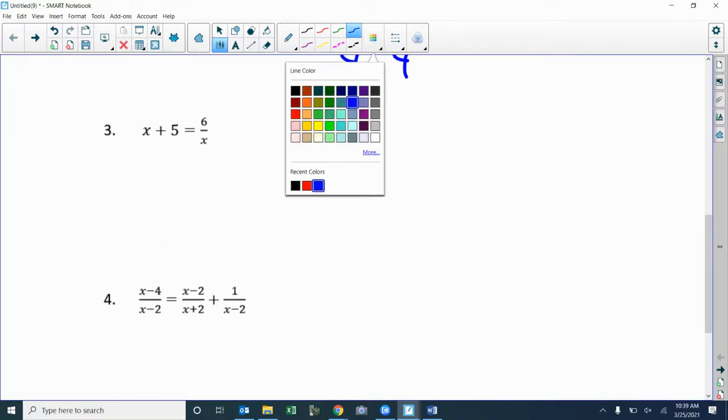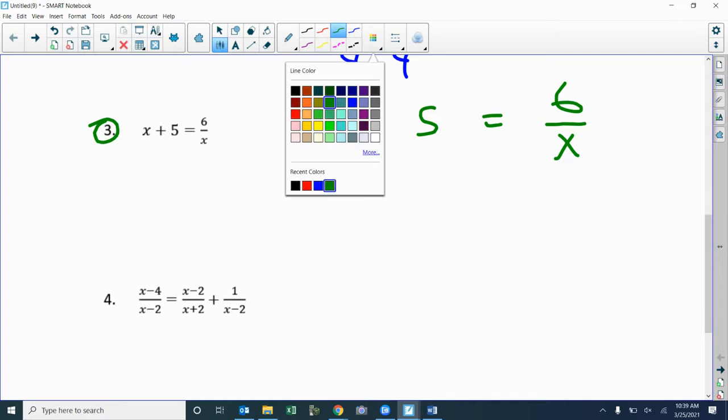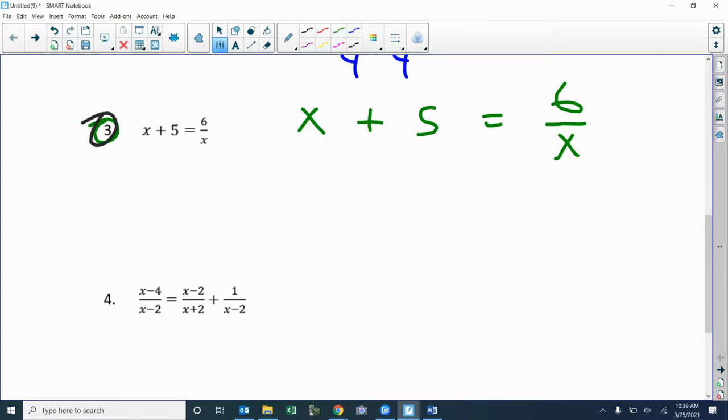All right, next guy here. Number 3: x plus 5 equals 6 over x. Again, what are we missing? So x over x here, we need x over x here, and we don't need anything there. So now we're going to have x squared plus 5x equals 6.